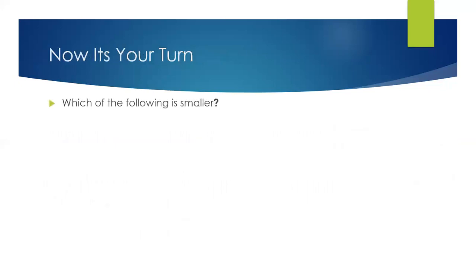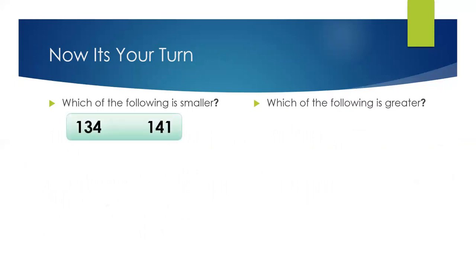So now it is your turn. Firstly, you will tell me which of the following is smaller and which is greater. We are having a pair of numbers here. I have told you that when we are comparing numbers, we start from the highest place value. So firstly, we will compare 1 with 1.